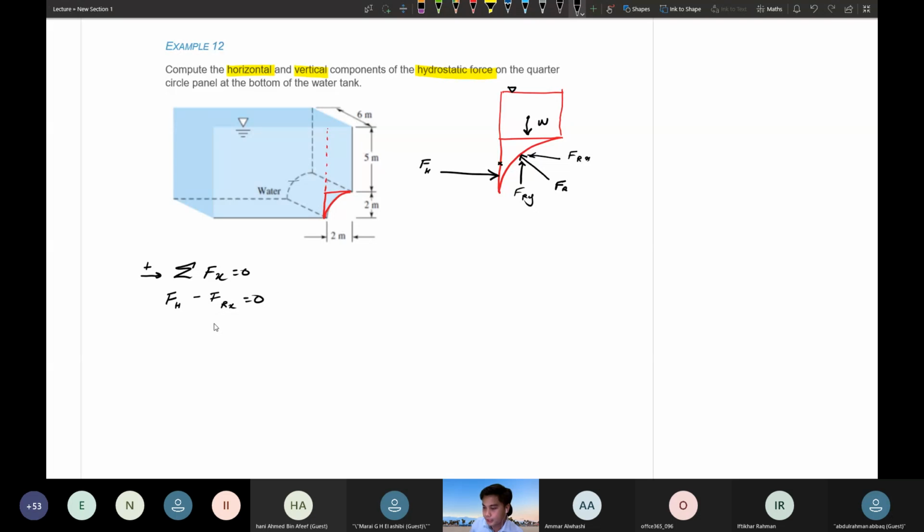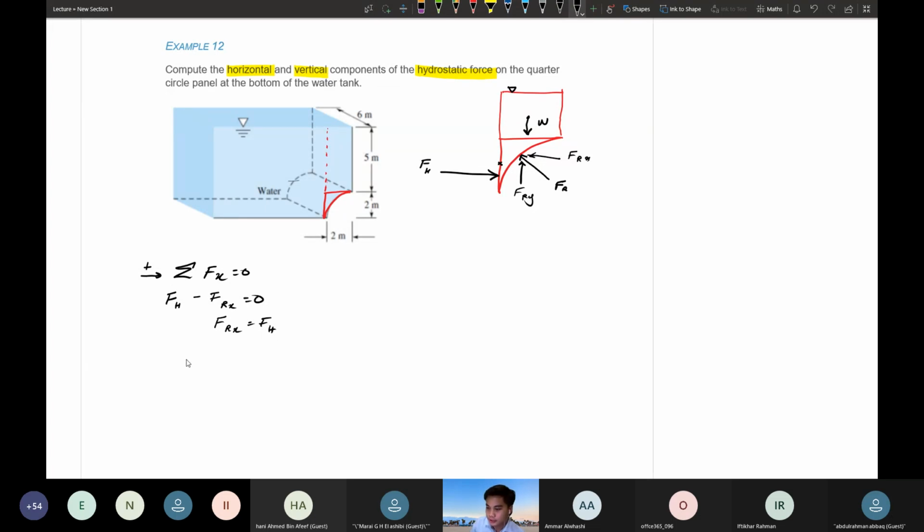So we can say that FRx equals FH. This is FH that we are looking for, the horizontal component of hydrostatic force.